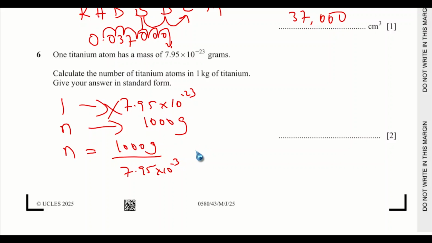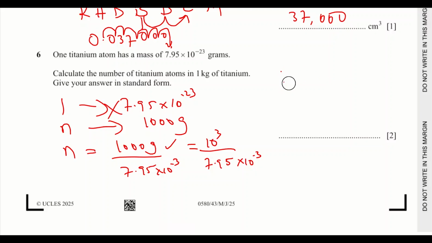Okay, so this, you can input this into your calculator, or better still, you can write 10 to the power of 3 over 7.95, okay, times 10 to the power of negative 3. So you can still input it into the calculator like this, or from here straight away. So the value of n will be equal to this 1.26 times 10.